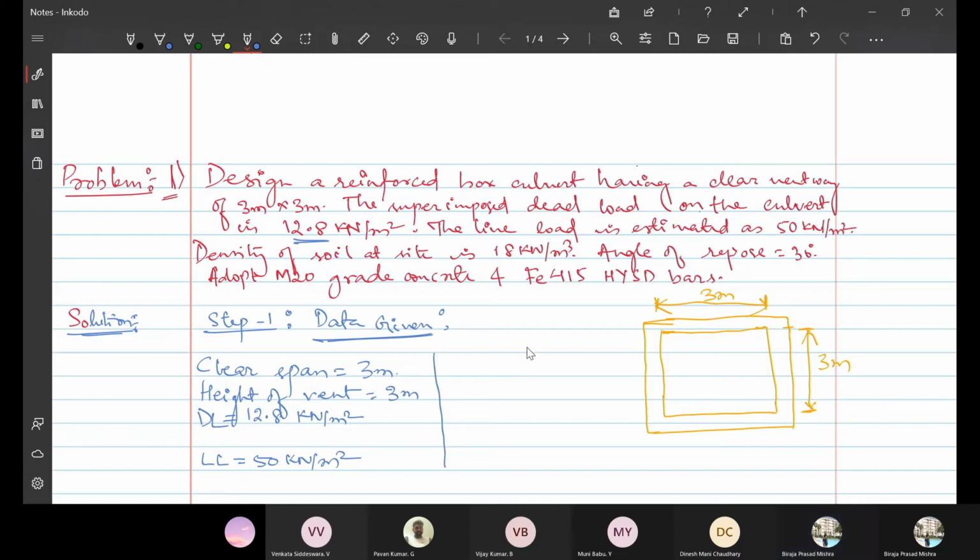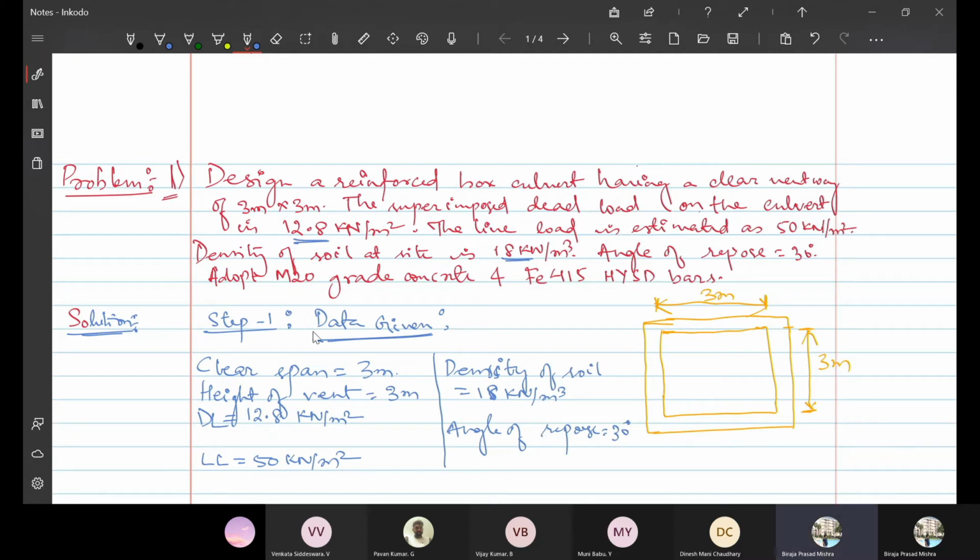Now, density of soil is given as 18 kilonewton per meter cube. Angle of repose, 30 degrees.